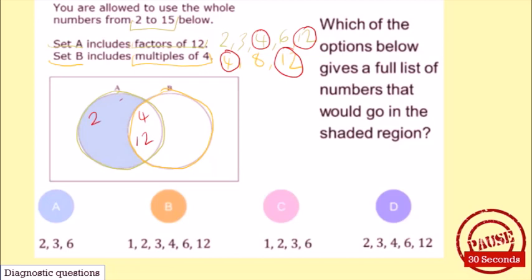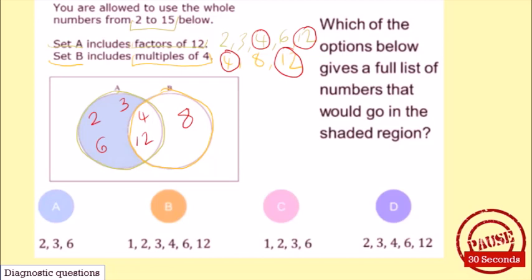Okay, 2, 3 and 6. And the number that is left over in set B is 8. They go on the outer region of that circle. Okay, so it's still in the circle, but not in the center of the circle, or the overlap of the circle, we could say.